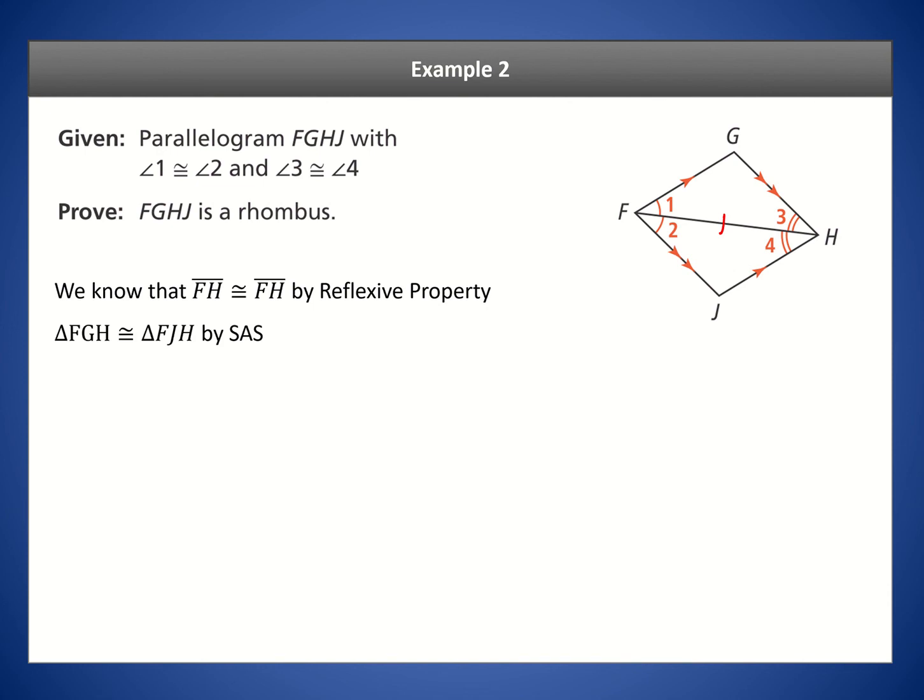We also know that because these angles are congruent, we can show that these two triangles are congruent by angle, side, angle. So we know that FGH is congruent by angle, side, angle. So this should say ASA rather than SAS.